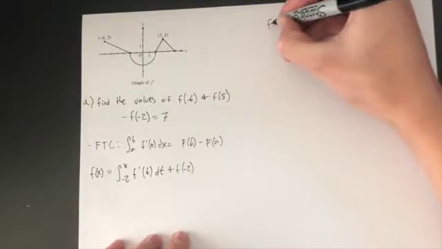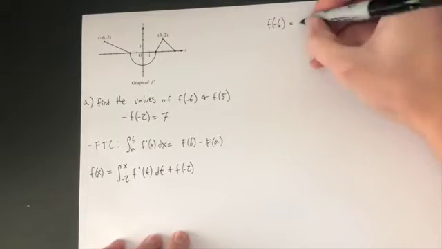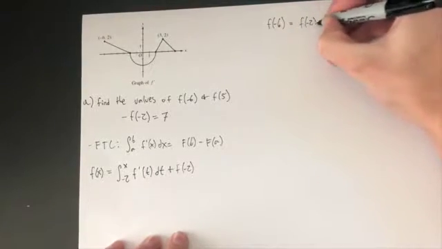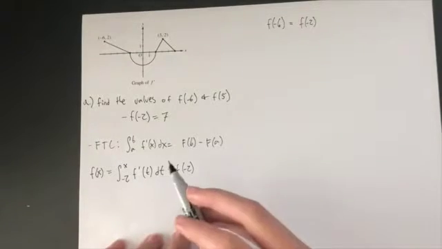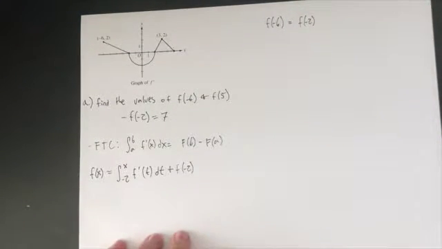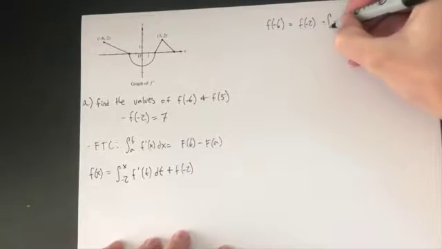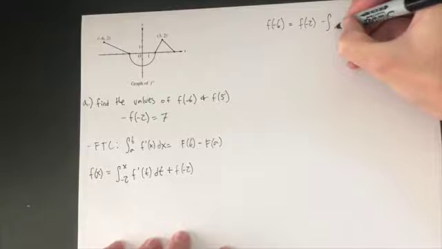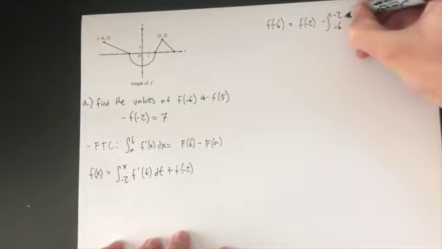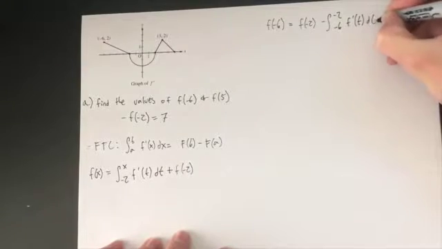So f of negative 6 will equal f of negative 2. And since negative 6 is less than negative 2, I'm going to make the integral negative and switch the bounds. So it'll be minus the integral from negative 6 to negative 2, f prime of t dt.